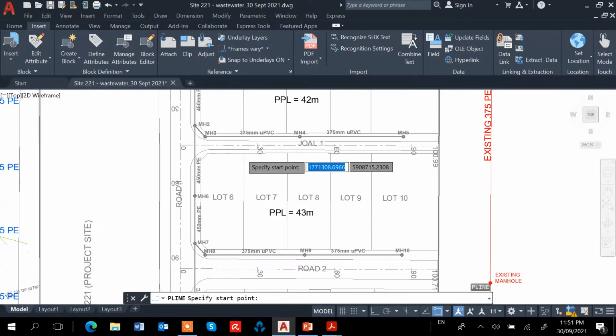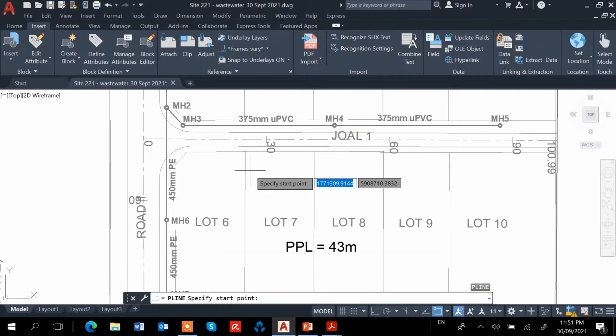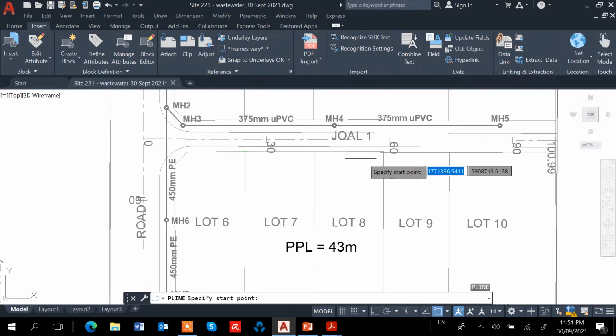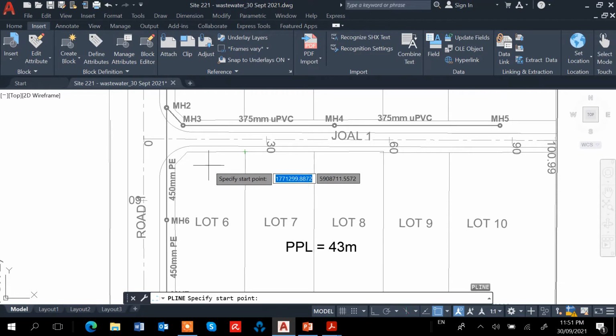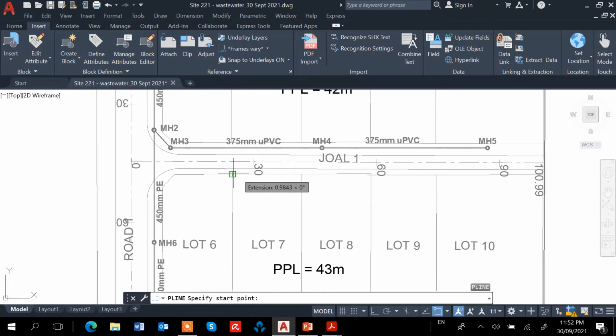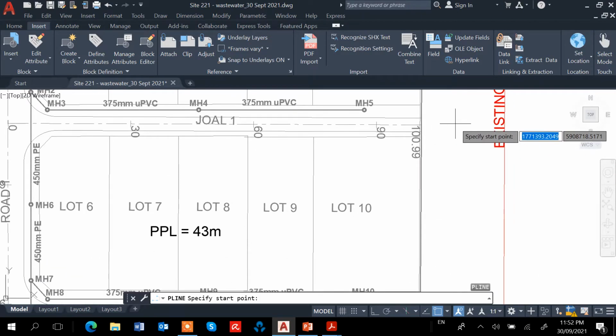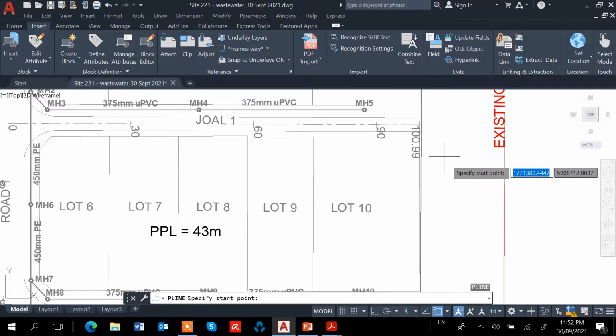So this one I'm going to put along the edge of the lots. Okay, so I could do it along the verge. I think we could do it because I'm going to go through the existing ground.